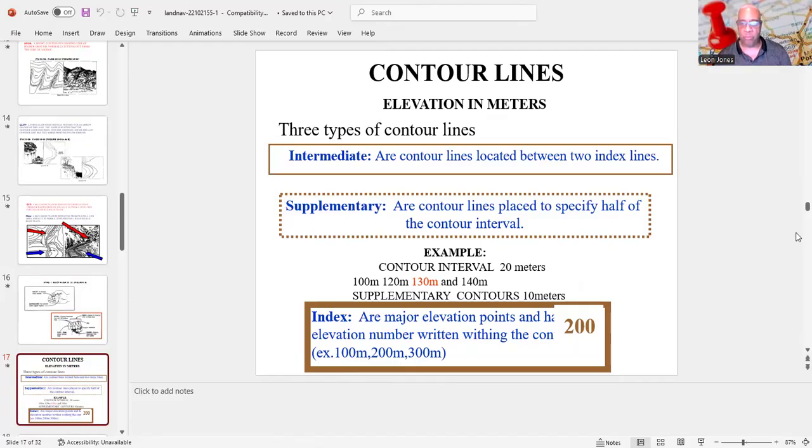Supplementary contours, 10 meters. And you'll see all this on a map. Index are major elevation points, and they have an elevation number written within the contour. Example, 100, 200, and 300 meters.